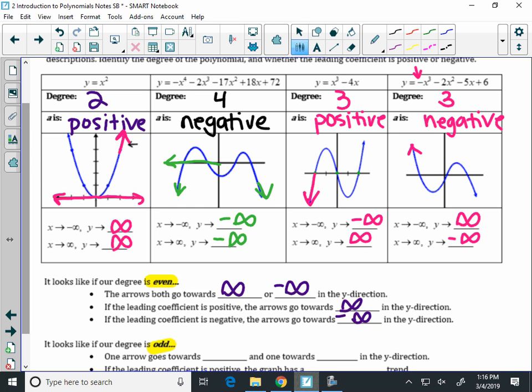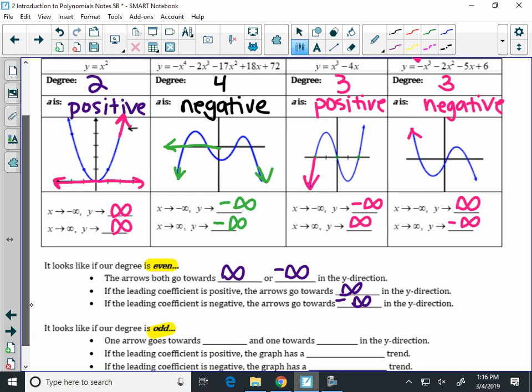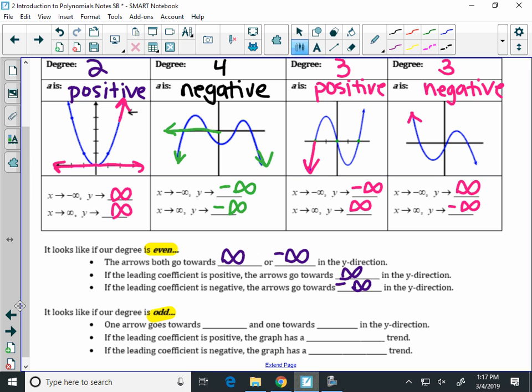So let's talk about what this does for our graph. It looks like that if my degree is odd, so here we have 3, 3 is an odd number, one arrow is going to go up towards infinity, one arrow is going to go down towards negative infinity. Now, if my graph has a positive leading coefficient, so we know if it's odd, the arrows go in opposite directions.